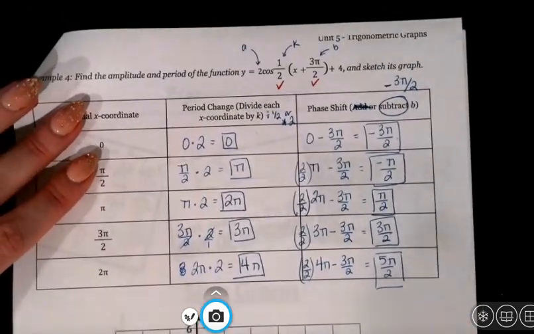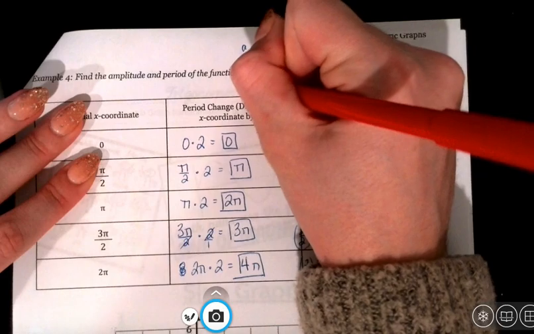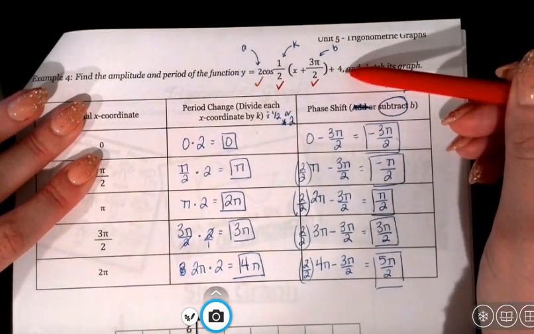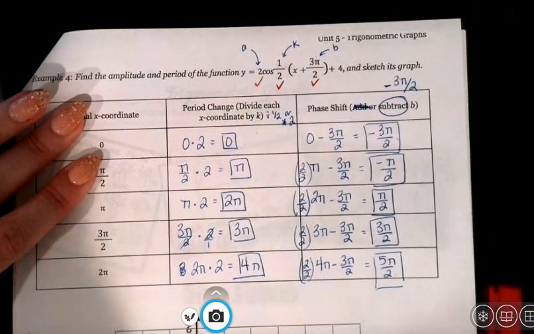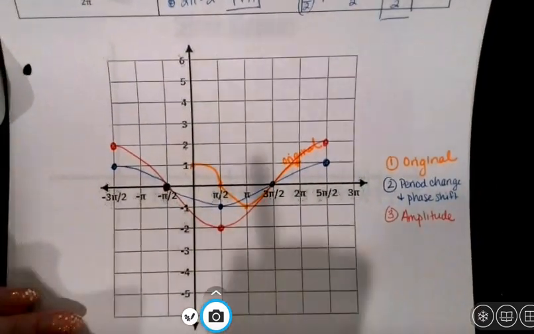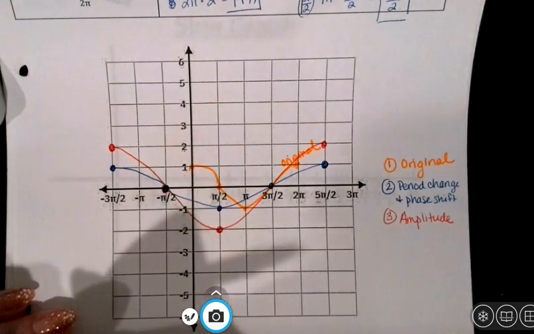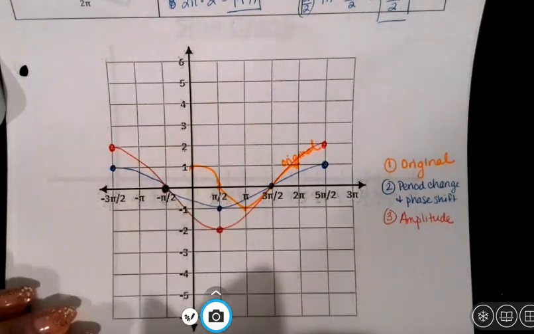So back up at the top, I'm going to check off my amplitude change of 2. So we still have to apply this +4 vertical shift. So I'm going to use a different color. Let's do purple. So that means every point is moving up 4. And I want to use my most recent, which is my red one.